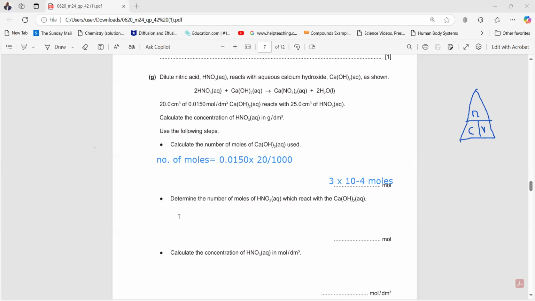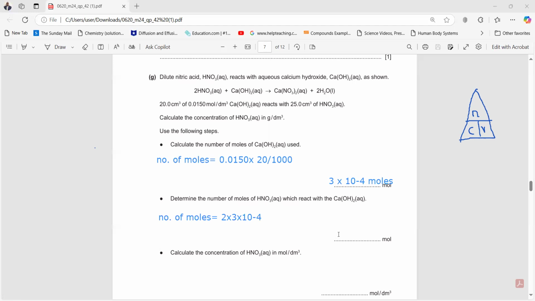So the number of moles is going to be equal to 2 times what we got before, because the molar ratio is 2:1. So times 3 times 10 to the power minus 4. So that will be the working here.